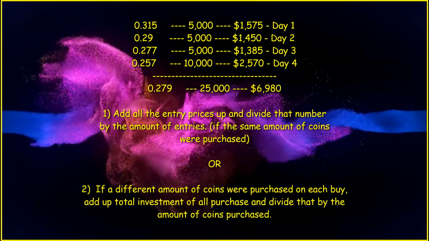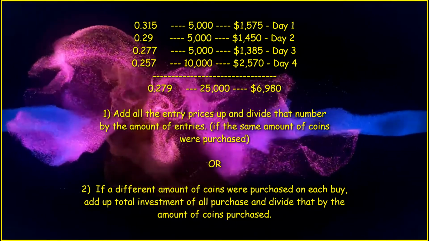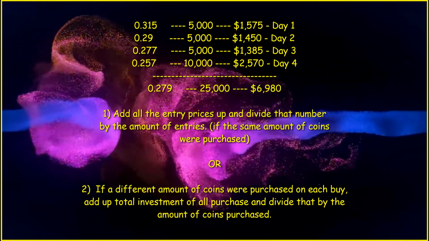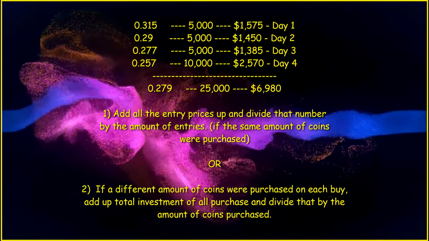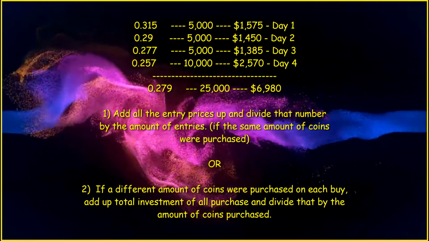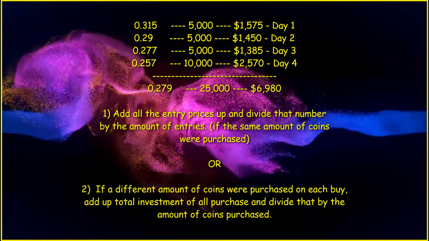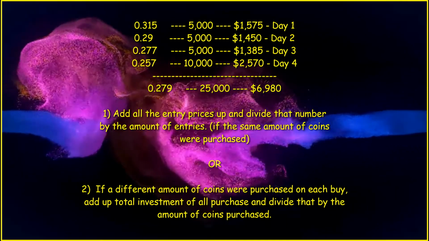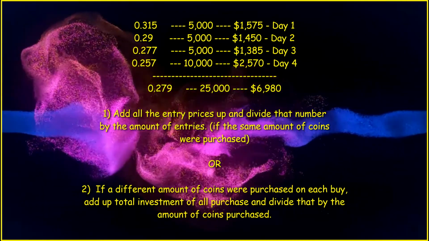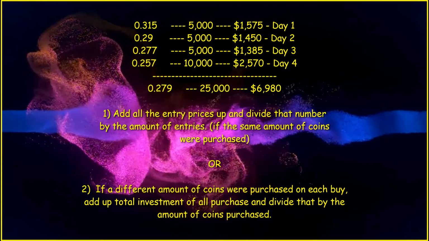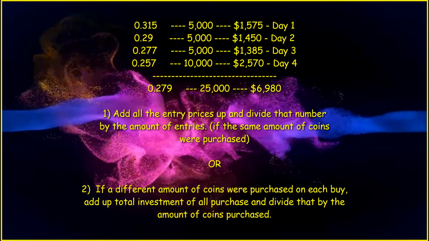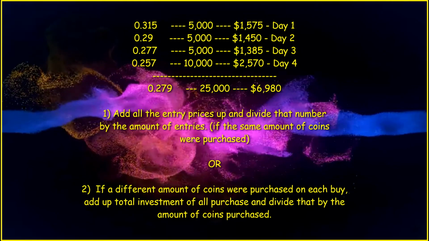Now guys, keep in mind that's only if the same amount of coins were purchased each day. So as you can see, on day 4, 10,000 coins were purchased, as opposed to the last 3 days where only 5,000 coins were purchased. That would make that method of calculating that null and void. So you would want to go down to number 2.